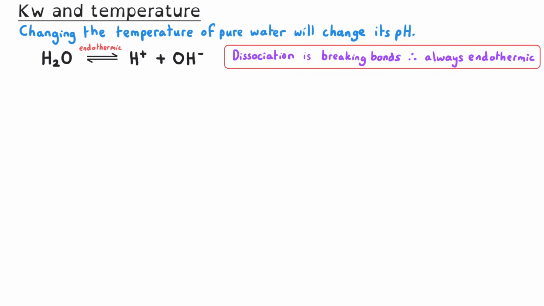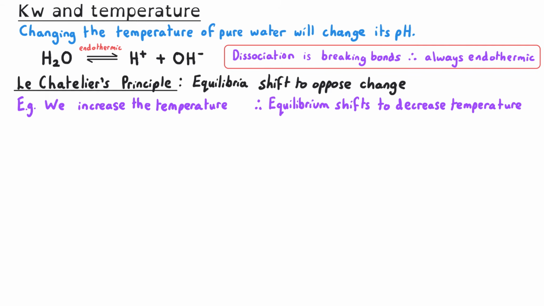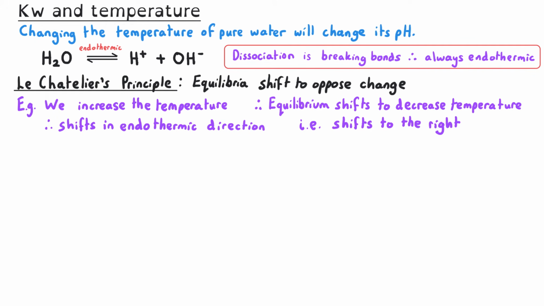And in an equilibrium, if you, for instance, raise the temperature, the equilibrium is going to shift to decrease that temperature. And so that means it will shift in the endothermic direction, which we've just said is to the right-hand side. As a result of this shift, that means the concentration of hydrogen ions is going to increase. And we know that that means that the pH will decrease. And so you can see that this will have an effect on the hydrogen ion concentration.